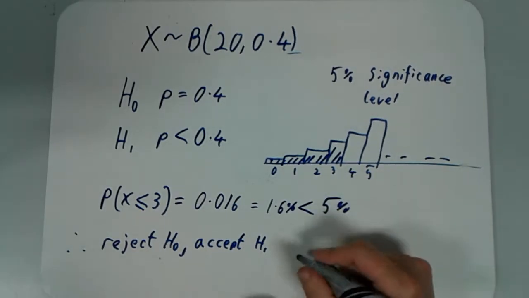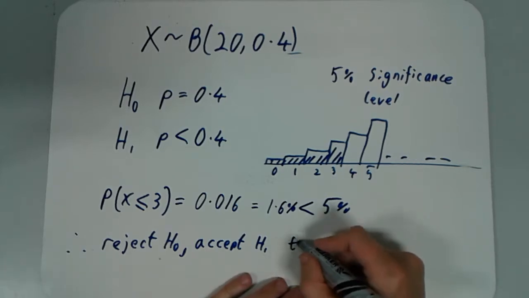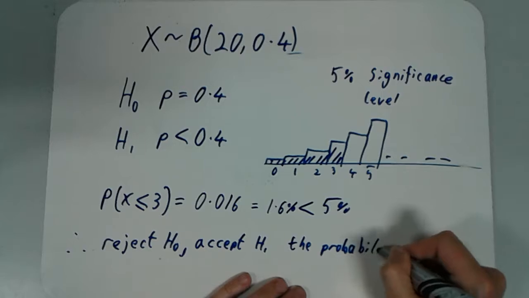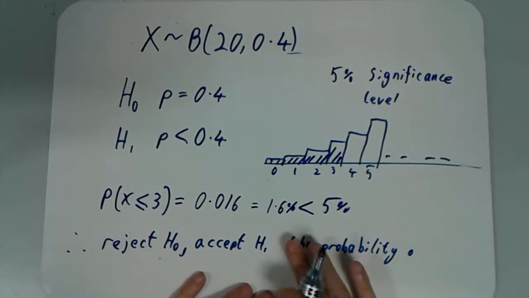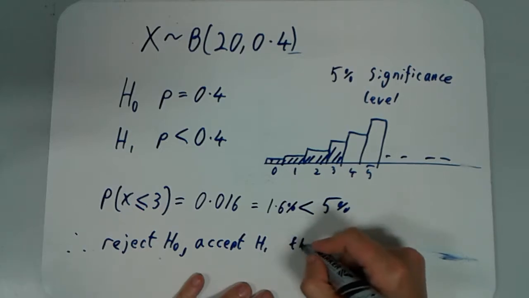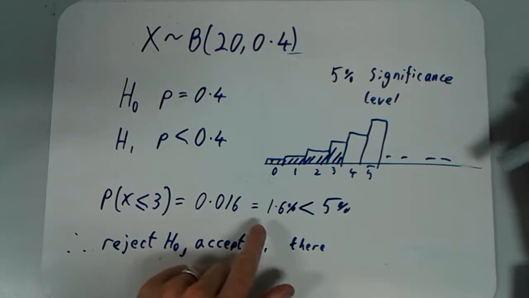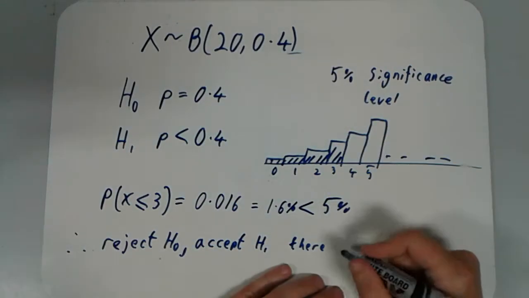We must then have some sort of context. So always answer the statistics questions in context. The probability of seeds germinating, we would say there is sufficient evidence, because remember, we cannot say with certainty. There was still a 1.6% chance that that was the correct probability.